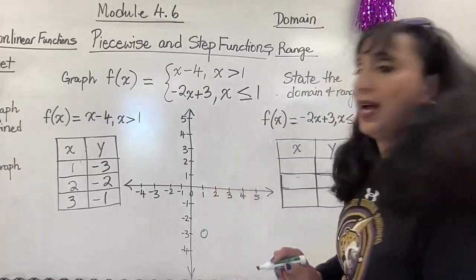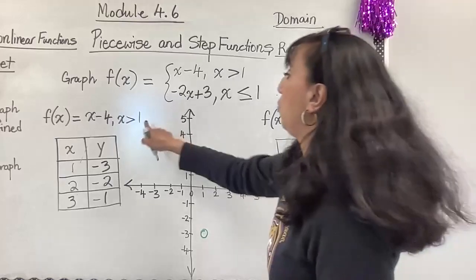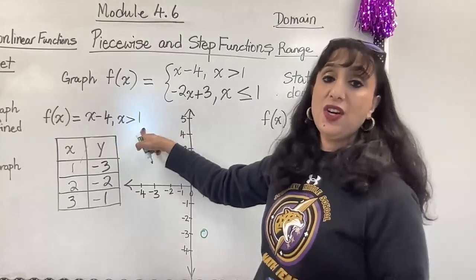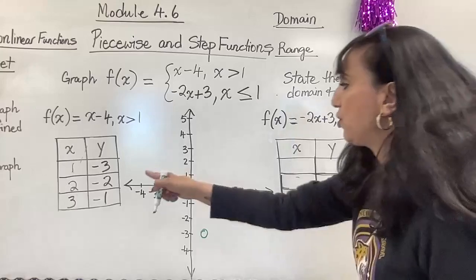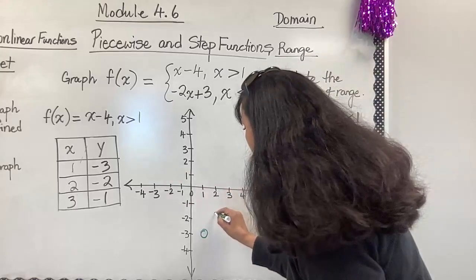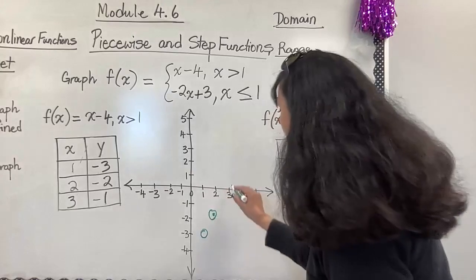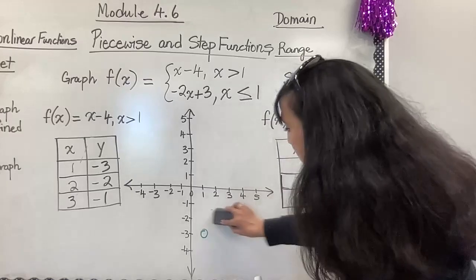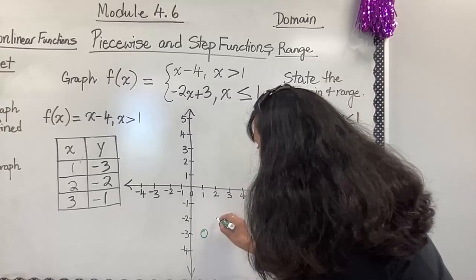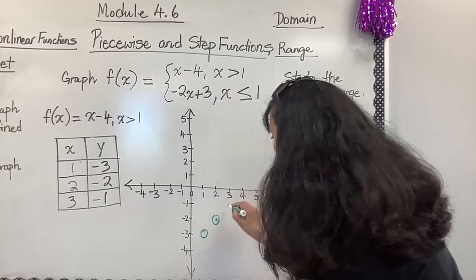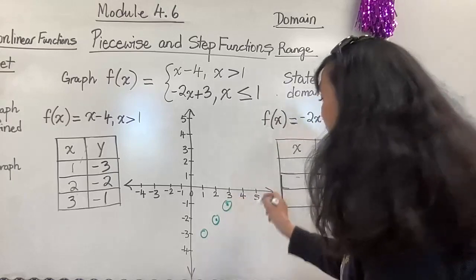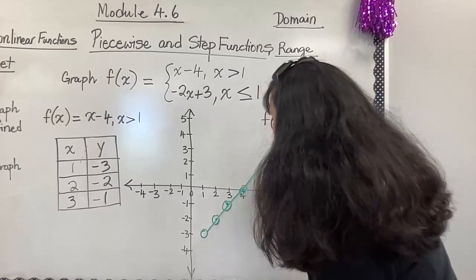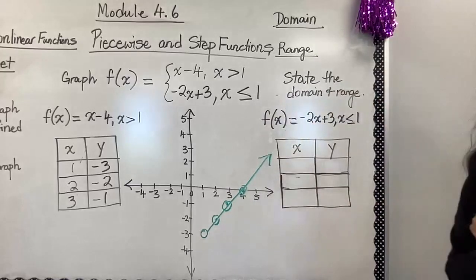That tells me that 1 is not included, because x is greater than 1. Then I have 2, negative 2, and 3, negative 1. Wait, this is not done properly. Here we go: 2, negative 2, and 3, negative 1. It would be going this way. Okay, here is my graph for that one.